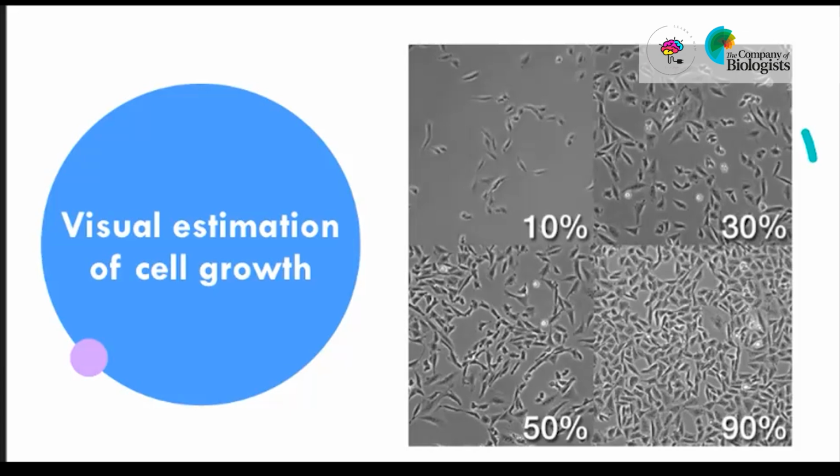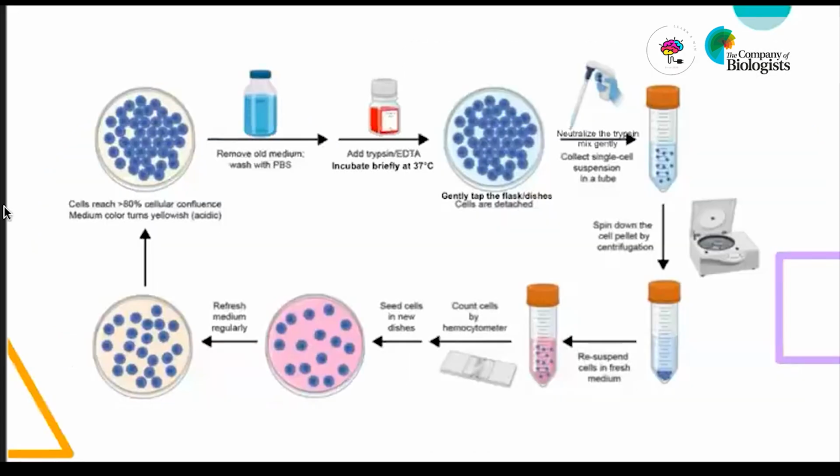We don't need only a regular microscope; the best is an inverted microscope with phase contrast. When cells reach 70 to 80% confluence, it's time to passage them to maintain healthy growth.